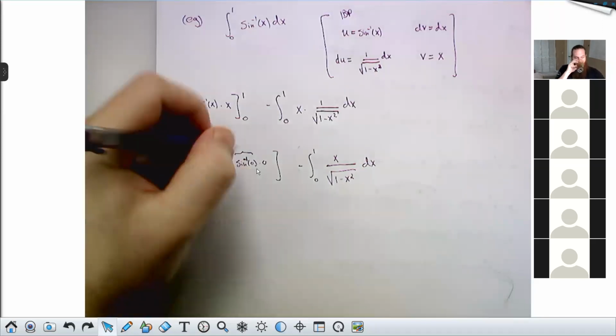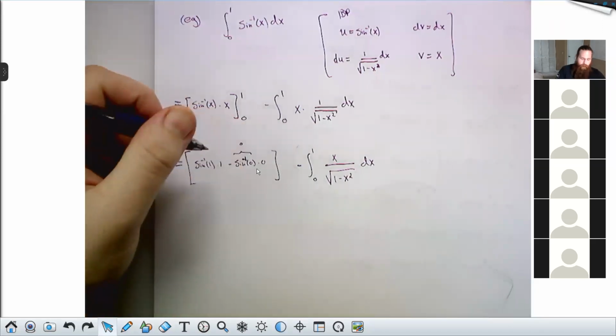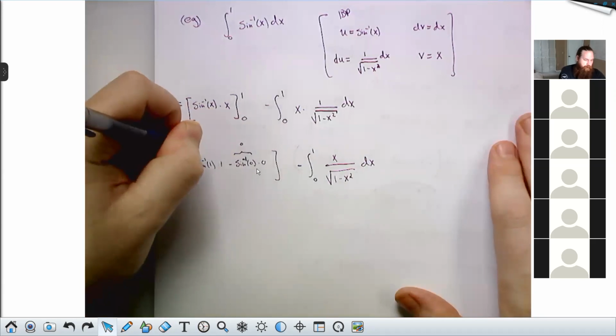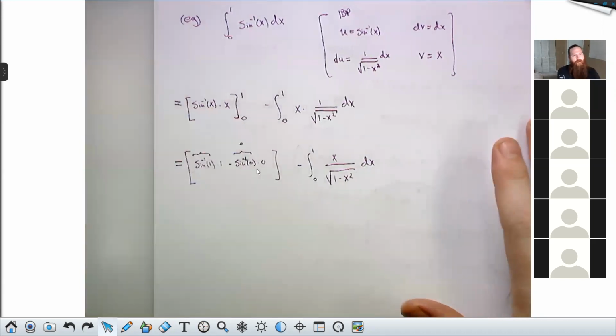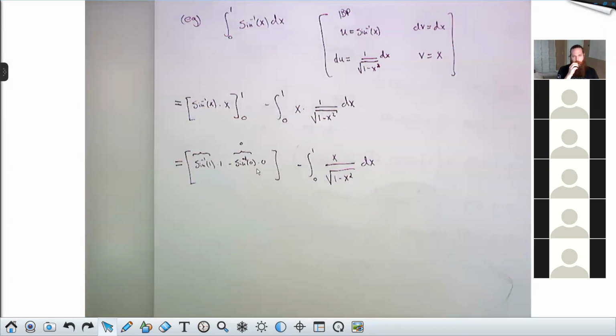Yeah. For what angle between negative pi over 2 and pi over 2 is the sine of that angle equal to 1? 90 degrees, and in radians, that is pi over 2.